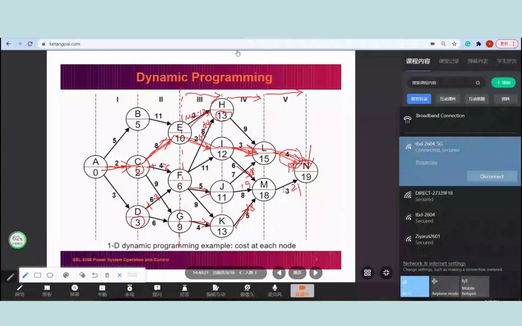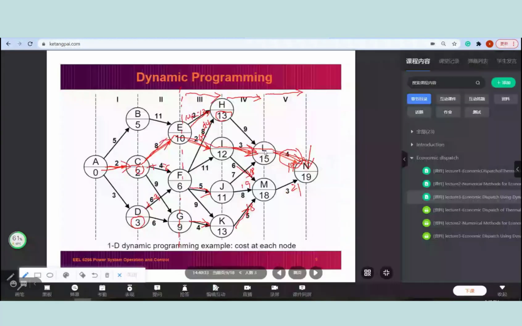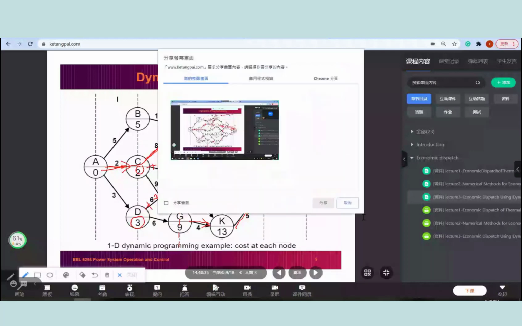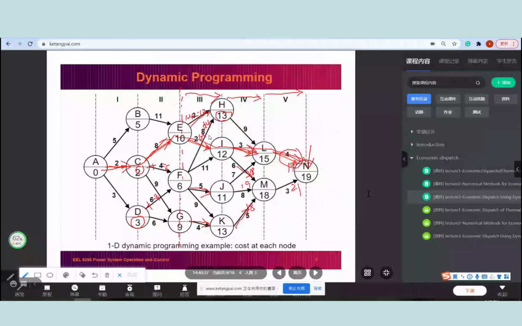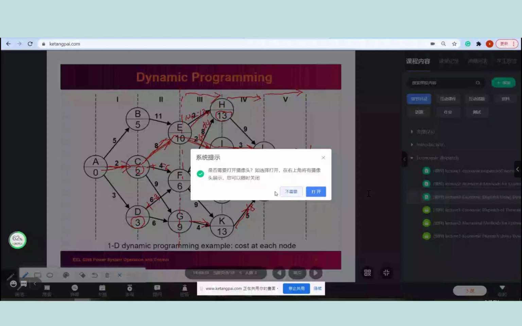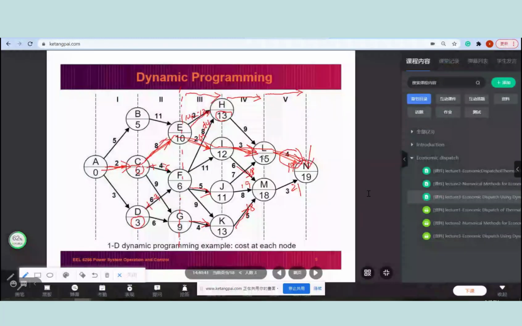So any question for this part? I just showed you how to use dynamic programming to solve this mathematical problem. We start from A to N, and there are different paths with different costs. How to find the best path?